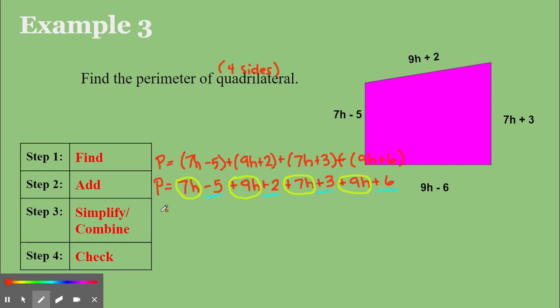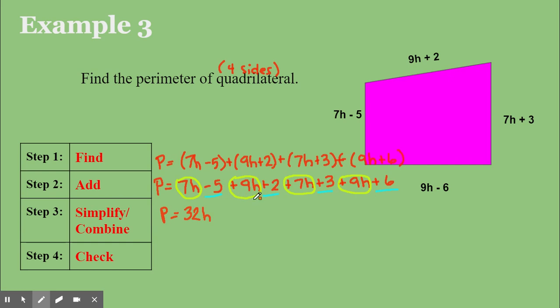Okay, so P equals, and now we're going to add 7 plus 9 is 16. 16 plus 7 is 23. And 23 plus 9 is 32. So we have 32 h's. Now we're going to look at our constants.